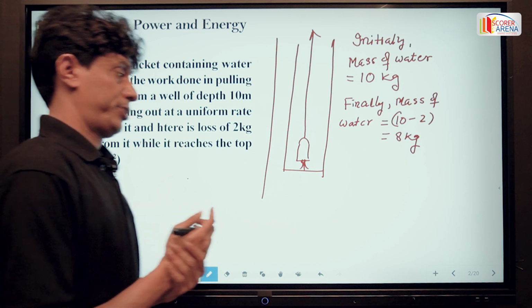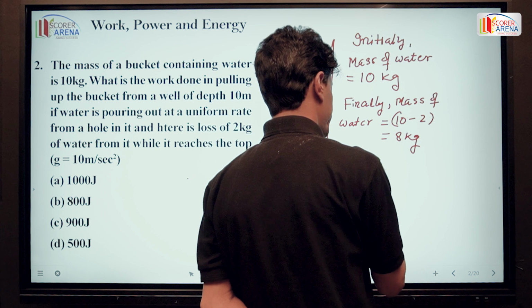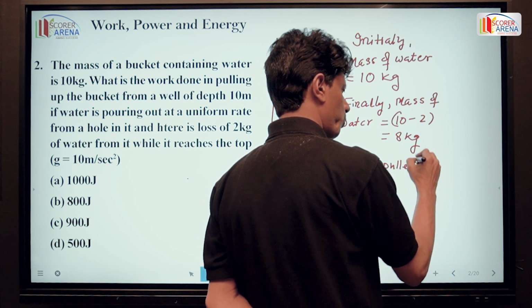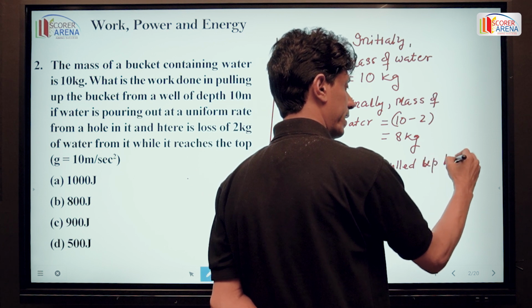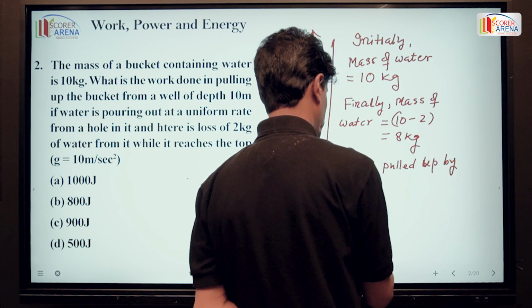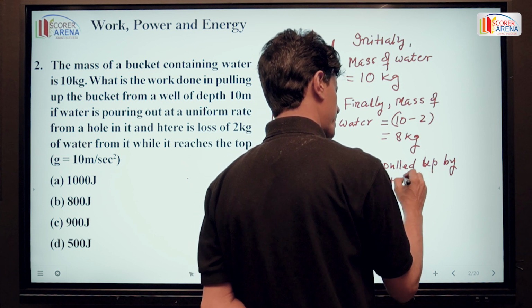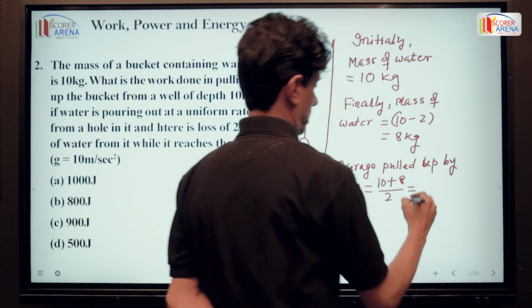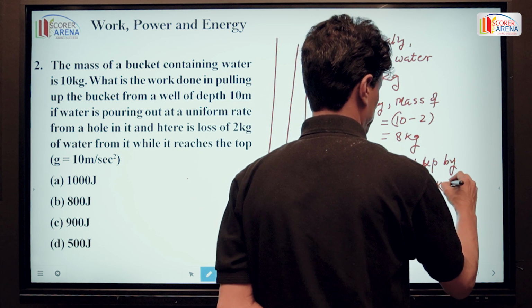So on average, the mass pulled up by the string is equal to (10 + 8)/2, equal to 9 kg.